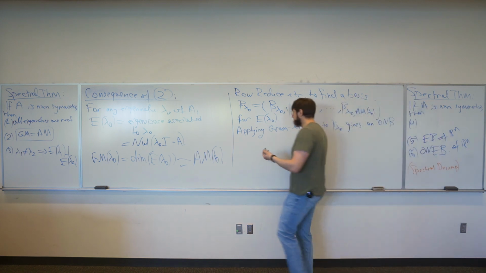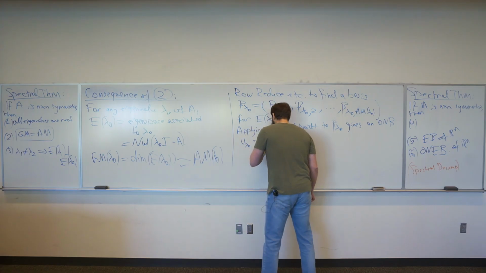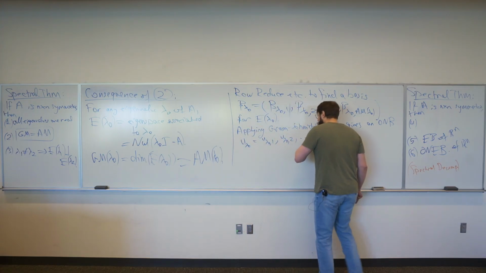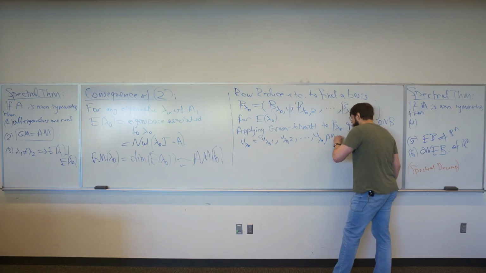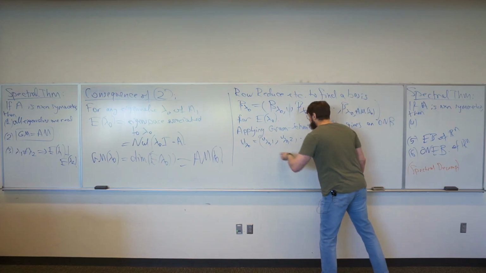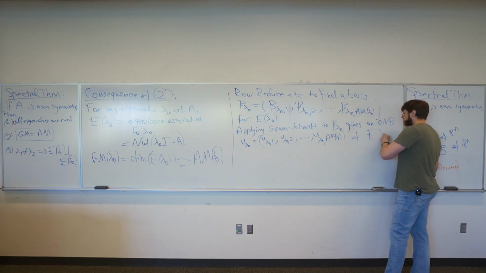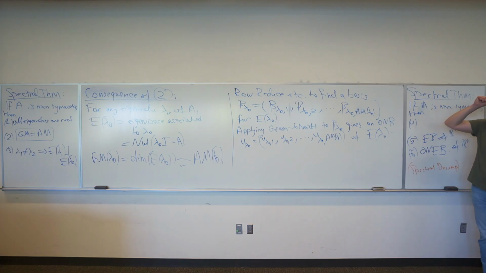Let's write it: U sub lambda 0, 1, U sub lambda 0, 2, dot dot, U sub lambda 0, and then AM of lambda 0, of this eigenspace. Okay.